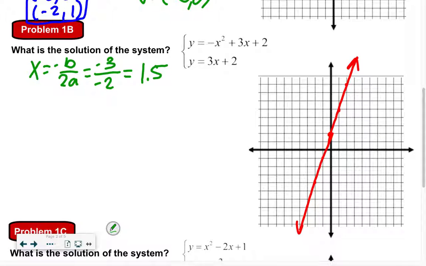My x is 1.5, right? And that's the x coordinate of what? Yeah, our vertex. What do I do with it? Plug it in. If you don't have a calculator, I would get one because squaring 1.5 is not the most fun.